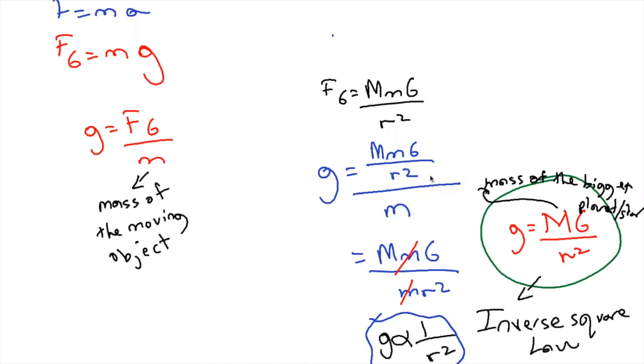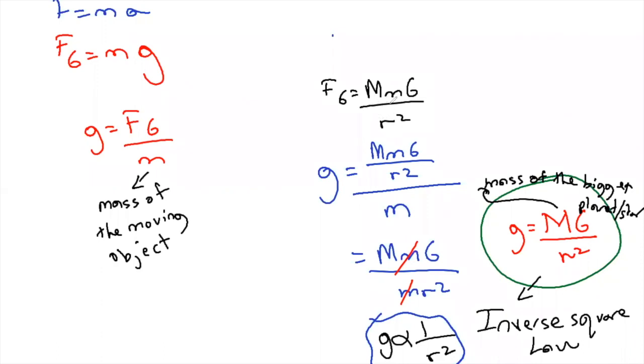Okay, that's great. Memuna, please specify which part again. You're confused on how I got this? Okay, I'll tell you. g is equal to Fg divided by m. You know that, right? And you also know that Fg is Mmg over r squared. What did I do?